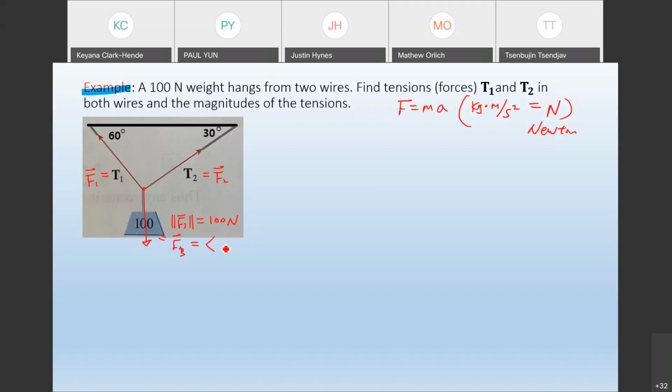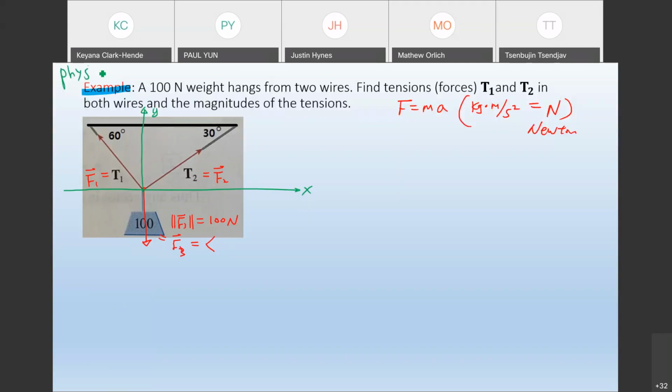Let's think of it this way. Let me set up the coordinates here. This is the x-axis and this is the y-axis. I think this is a typical method, a physics 1A problem, isn't it?